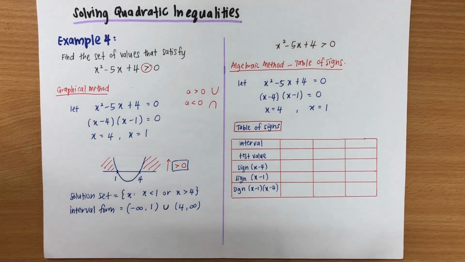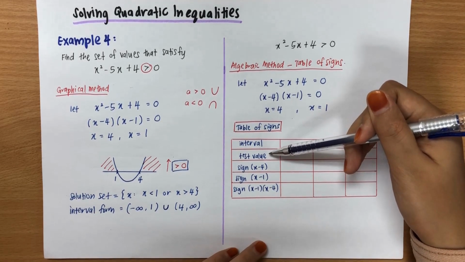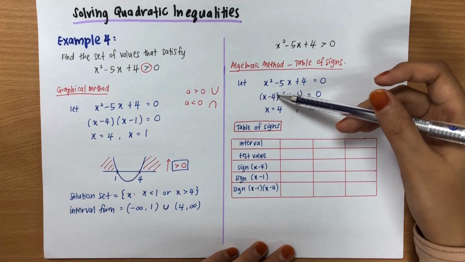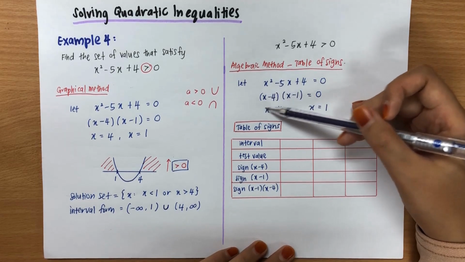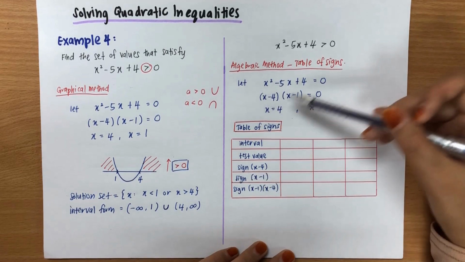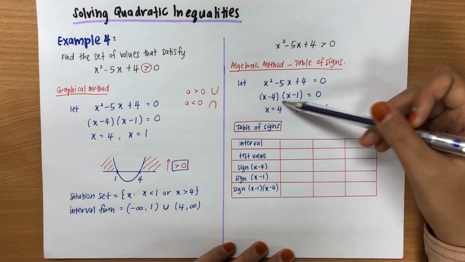This is the things that we need to put in our table of sign. We will have the interval, test value, sign of the first factor, which is x minus 4, sign of the second factor, and sign of both factors combined.